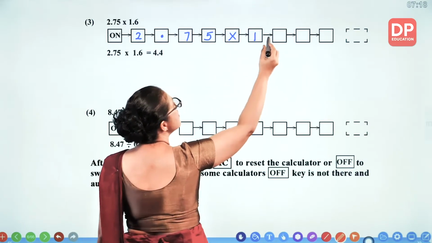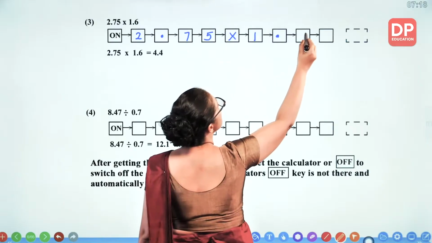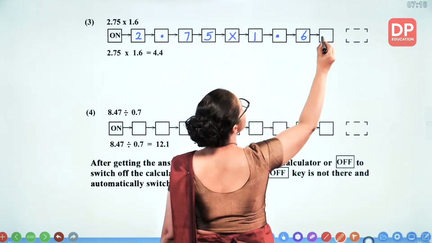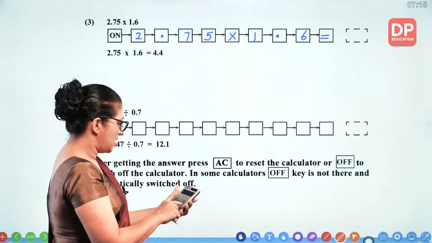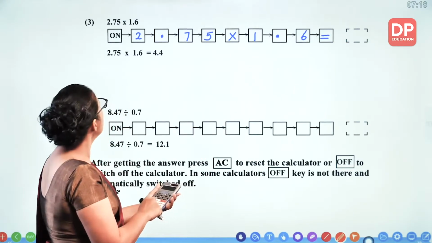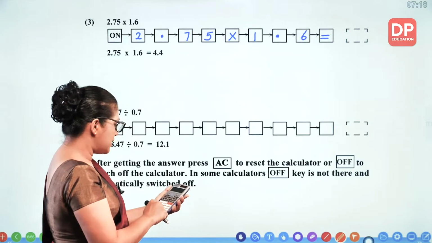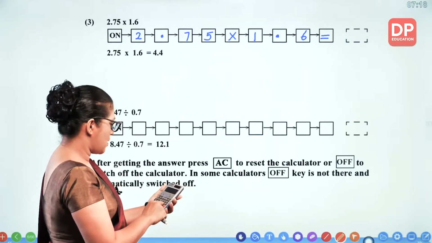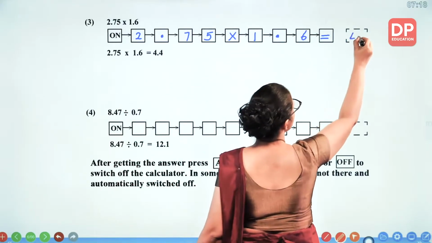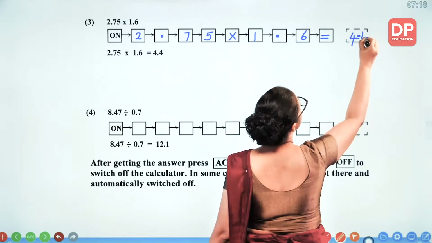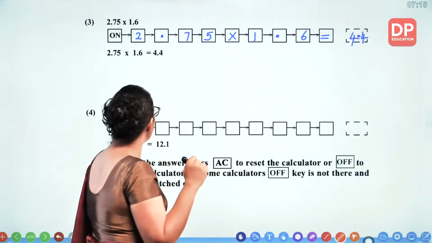So 1.6 and then the equal sign. So what's the answer? 2.75 times 1.6. You get 4.4. So the answer is 4.4.